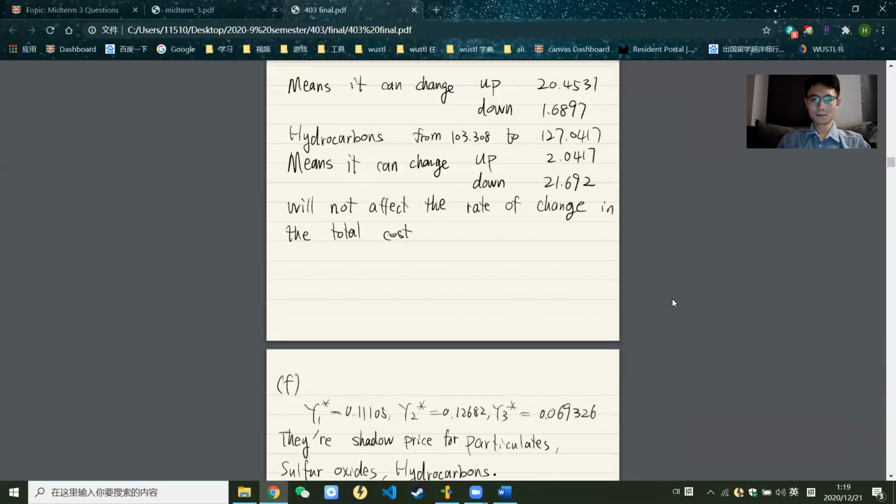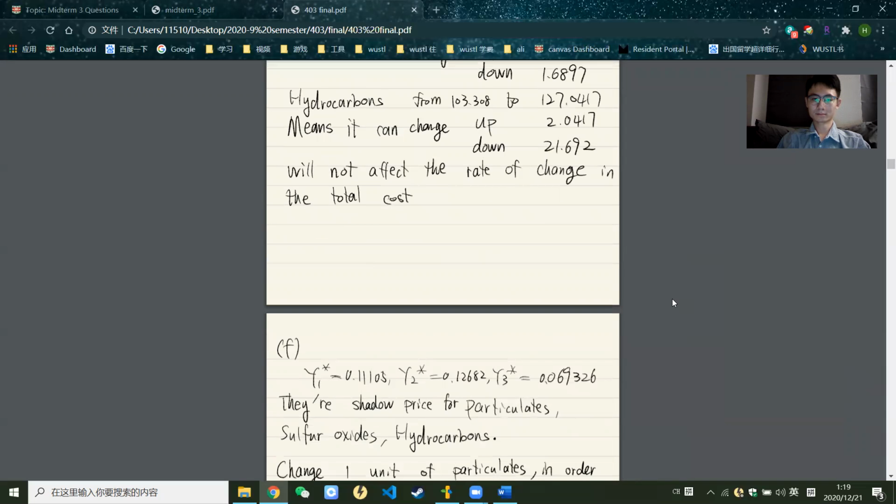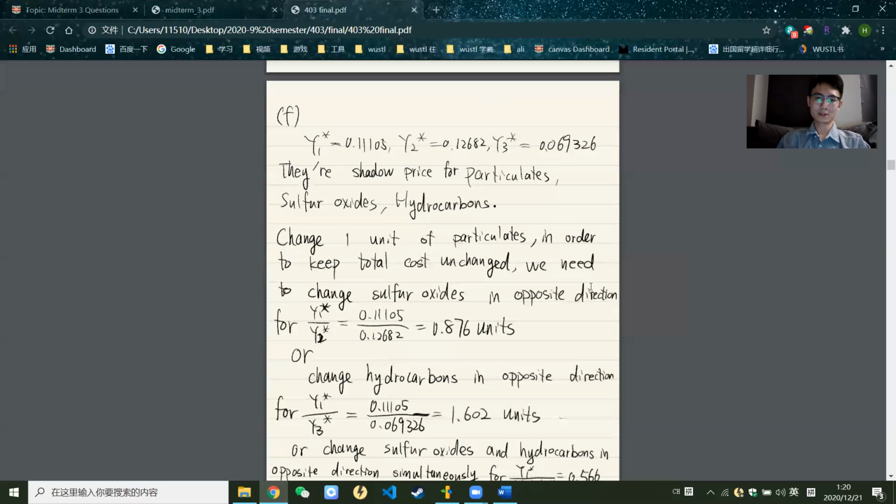And in problem F, we would like to see how much one constraint's right-hand side can change while the other one reverses it. We just make the shadow price divided by another shadow price.